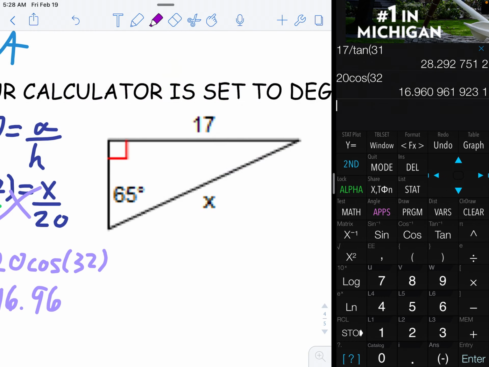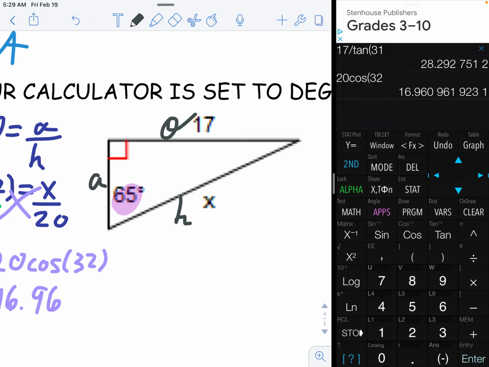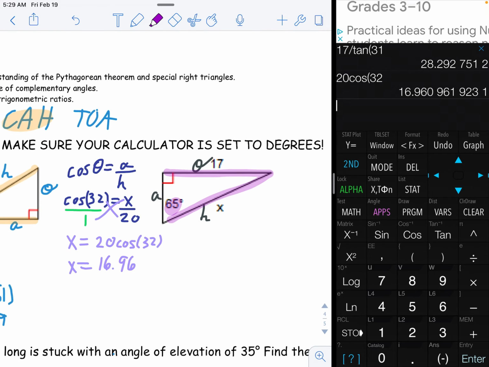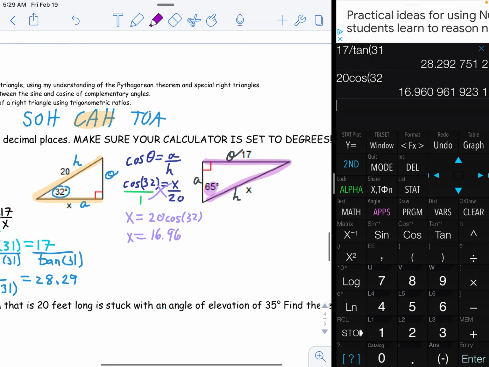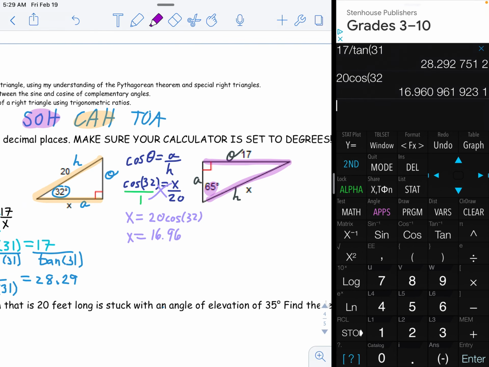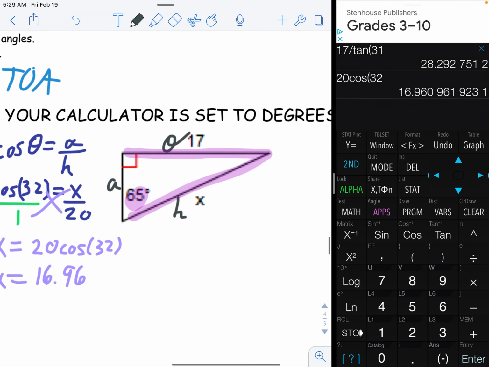Then this one right here, given that this is 65, we have an angle, hypotenuse, adjacent, opposite. So this time we have the opposite and hypotenuse. Which trig function uses opposite and hypotenuse? As we progress, you'll immediately know it's the sine function.